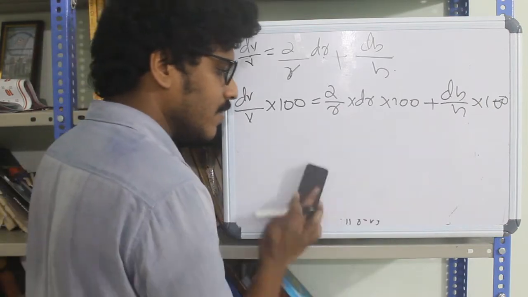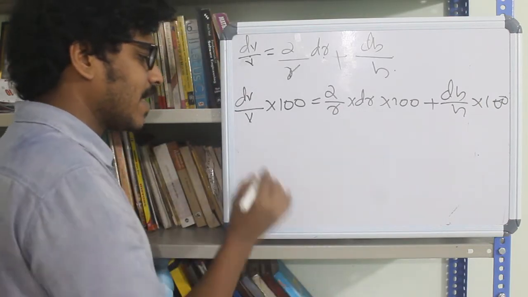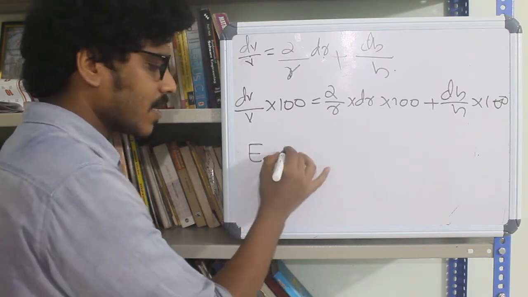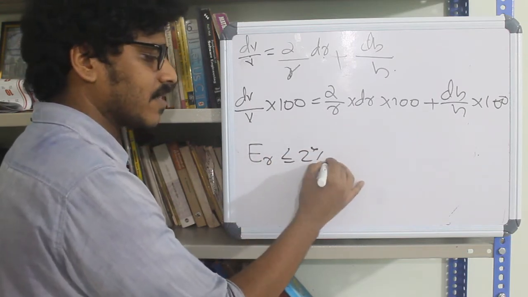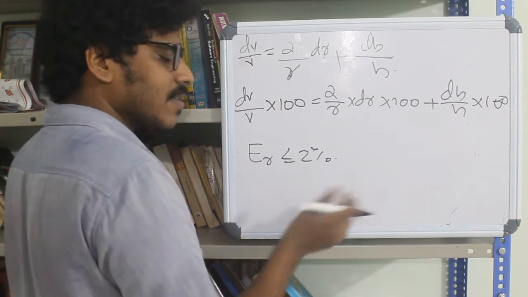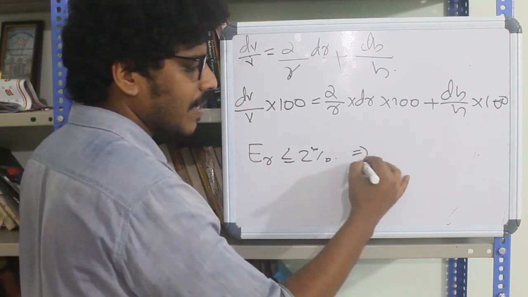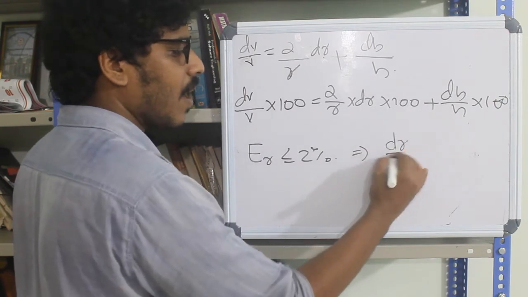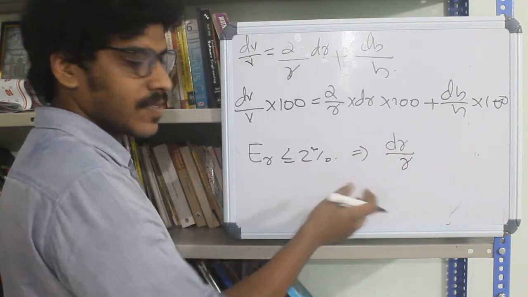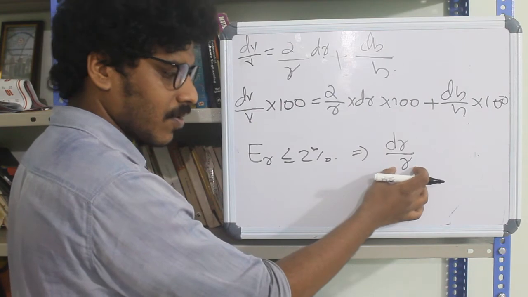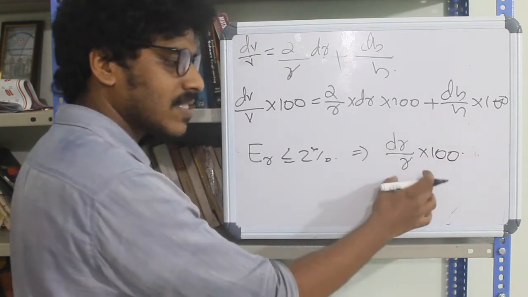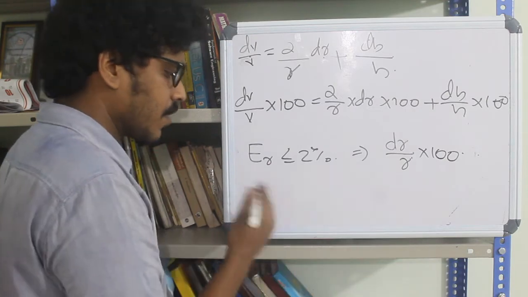We have been given that the percentage error in R is less than or equal to 2%, which means the percentage error in R can be expressed as dr by r, right? So this is the change in R and this is the actual value of R, dr by r into 100. This is how we express percentage change.